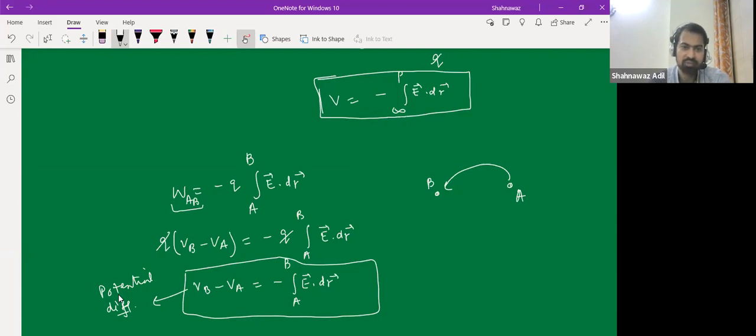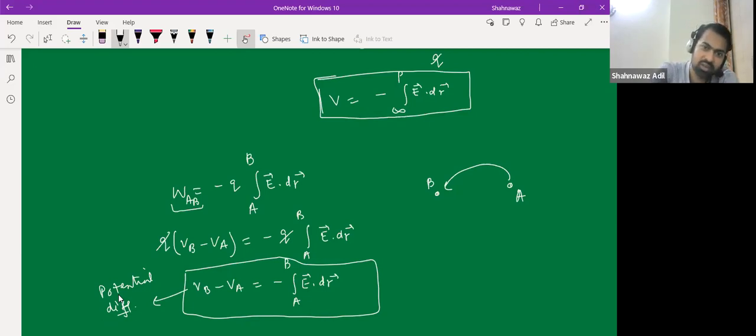From one fixed point to another fixed point, that would be potential difference. And if we are taking the charge from infinity to a fixed point, that is potential. So that is the main difference between potential and potential difference.